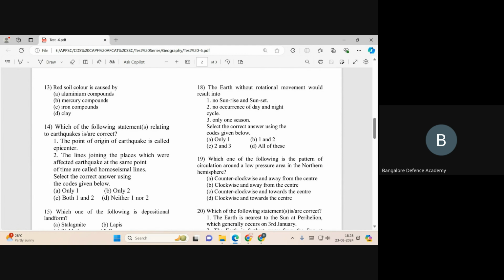So how many think option A is correct? How many think option B is correct? How many think option C is correct? How many think option D is correct? Right?